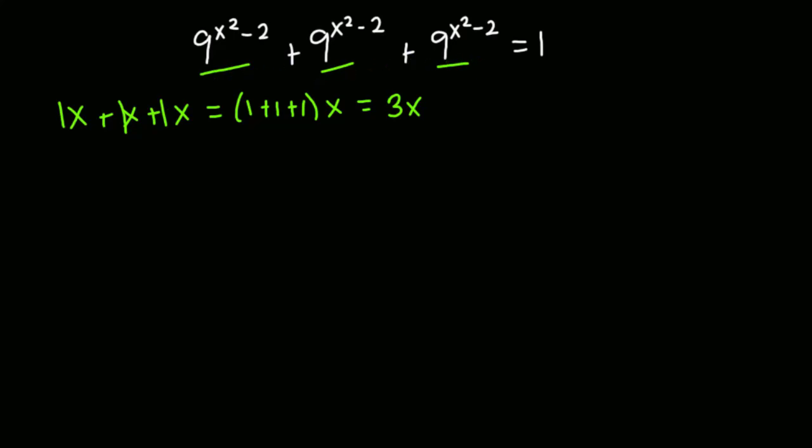So this addition is similar to what we have here because we are adding virtually the same thing. From this law, we can see that all these have coefficients of 1.